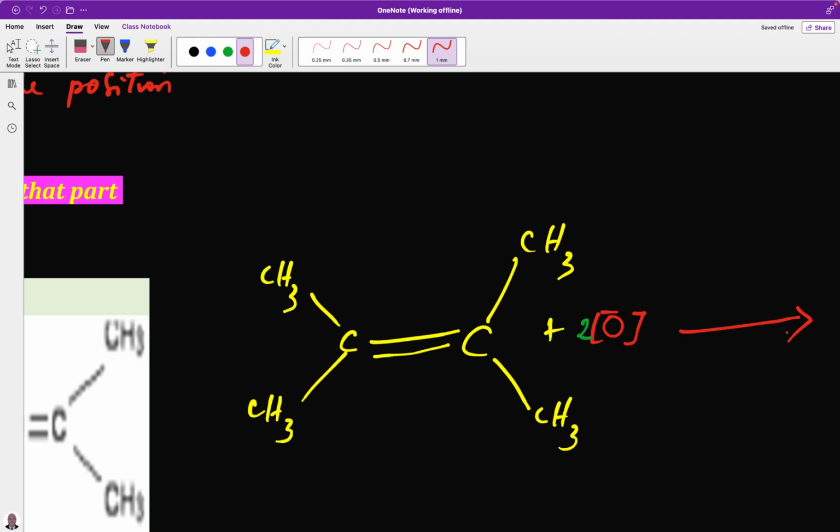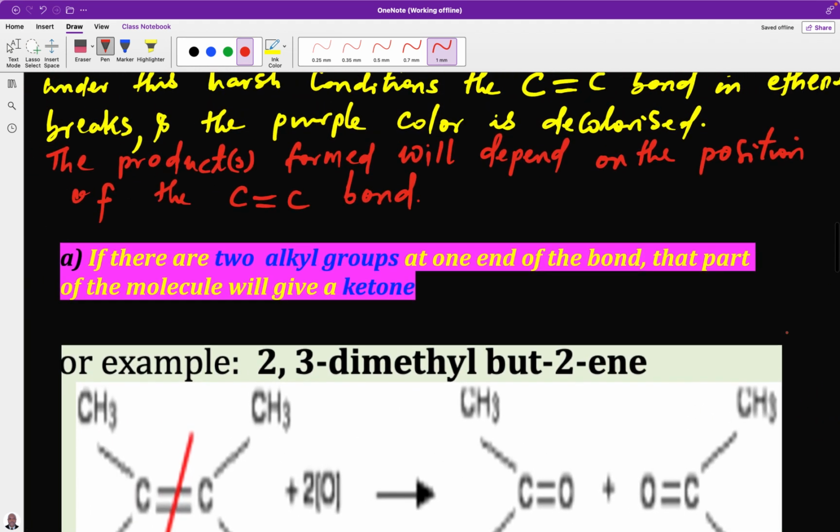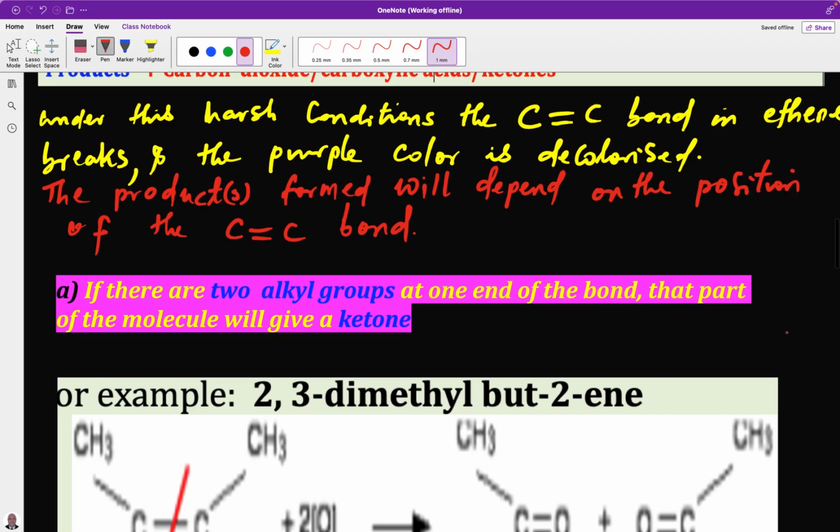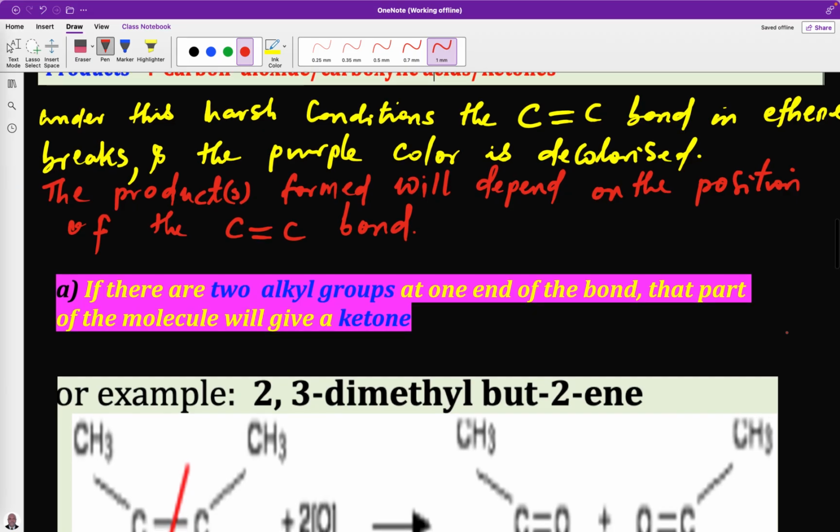Okay, I said if there are two alkyl groups at one end of the bond, the alkyl group could be a methyl group, it could be an ethyl group at one end of the bond. That part of the molecule will give a ketone.